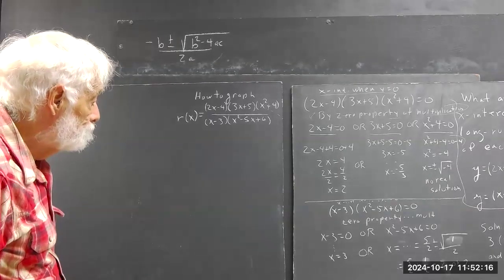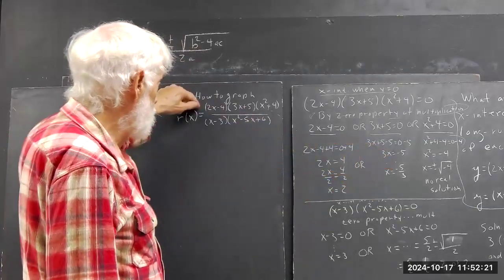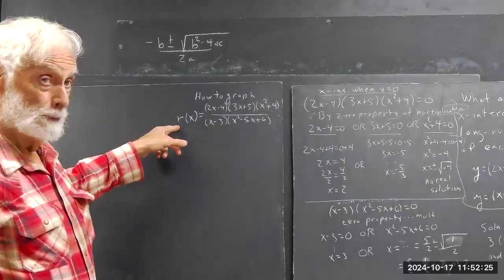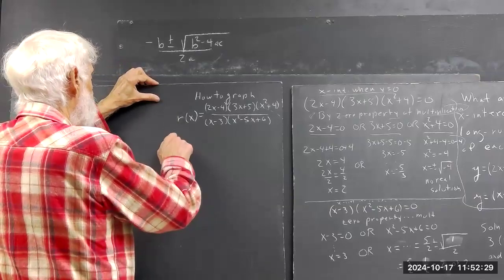Now, the zeros of this numerator also make this 0.